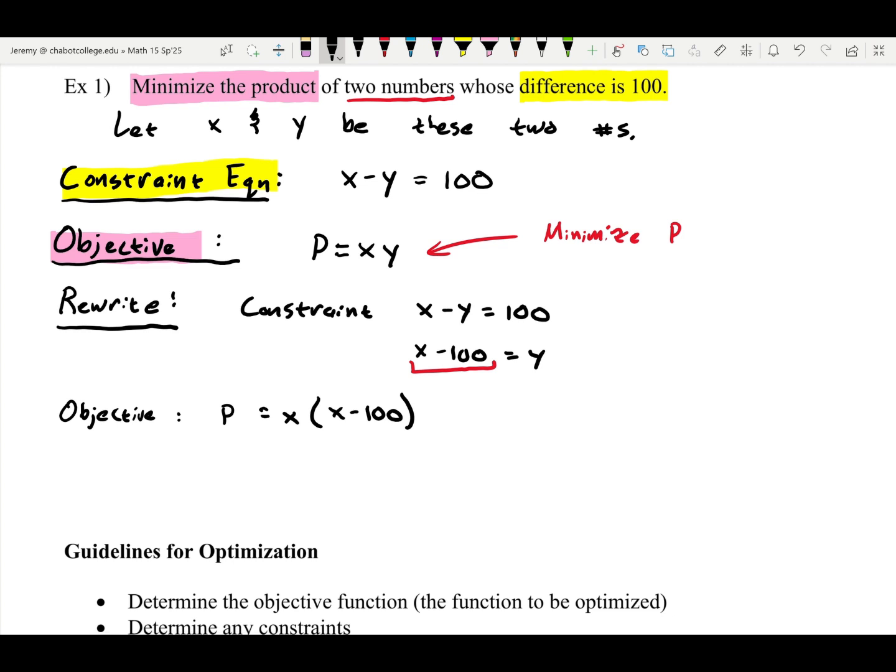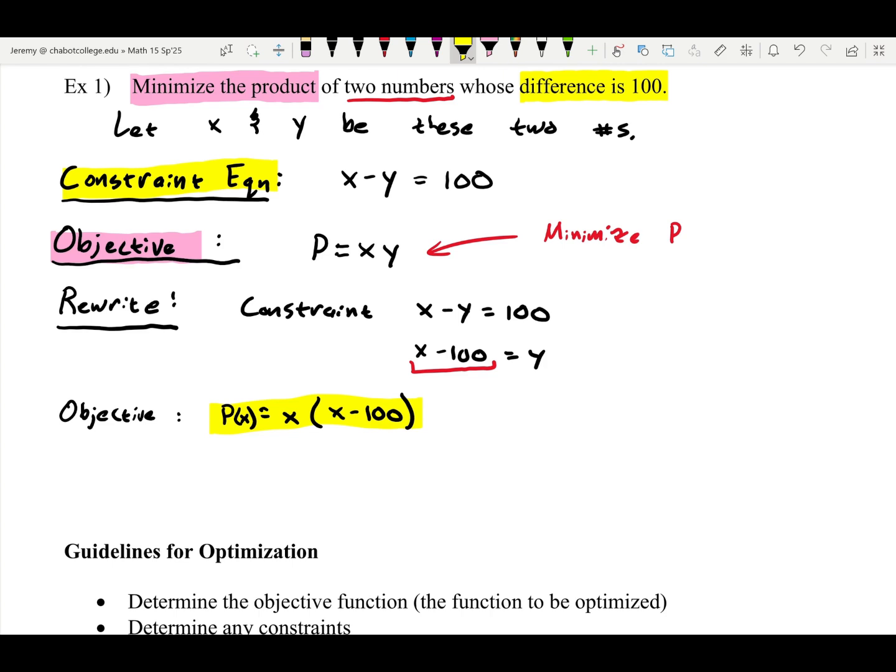All right, and now I'm actually going to express P as P of x. So this is the goal. This is what we're trying to get to. We're trying to express P as a function in terms of a single variable. Because now that I have this, my rewritten objective equation, I can properly call it just a function in x.